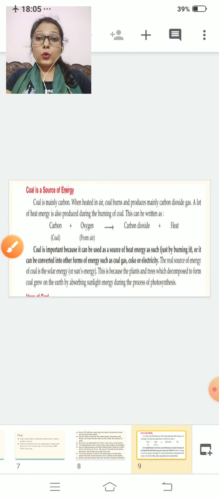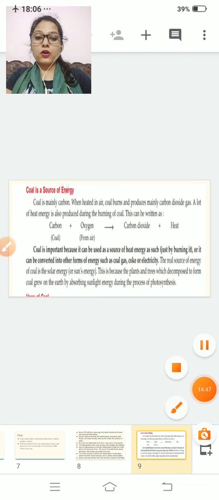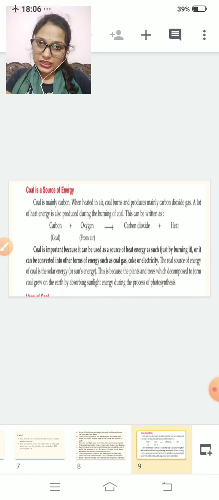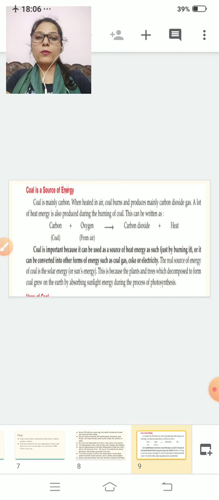Now, coal is important because it can be used as a source of heat energy just by burning it, or it can be converted into other forms of energy such as coal gas, coke and electricity. It is important because you can use it as heat energy and convert it into many forms of energy. Clear?